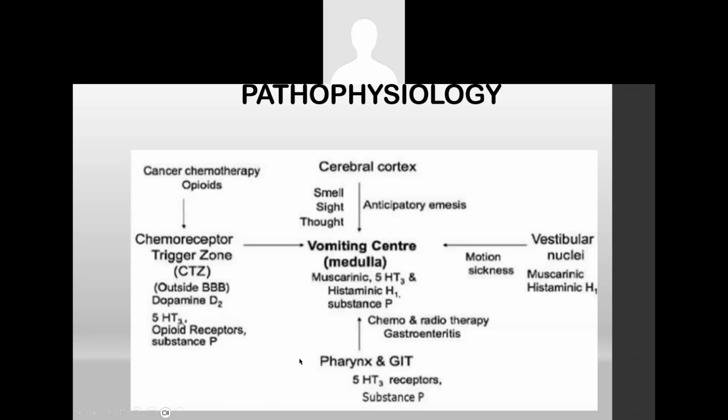So we have various options for treatment according to the system stimulated. In the vestibular system, we have a certain approach. In the vomiting center, we have another treatment strategy. And for the chemoreceptor trigger zone, we have other approaches.